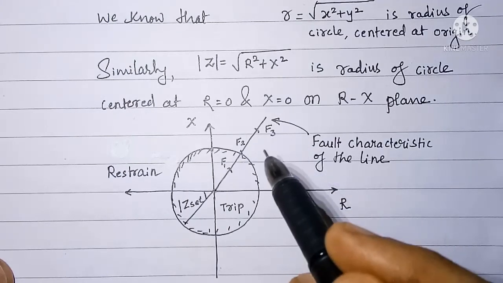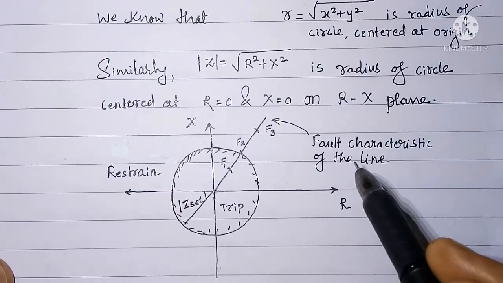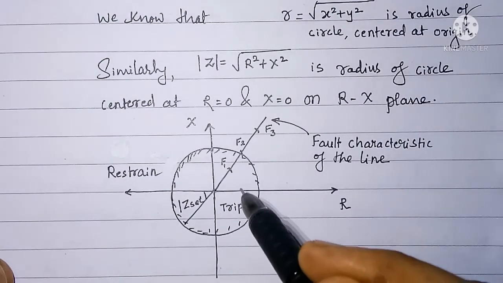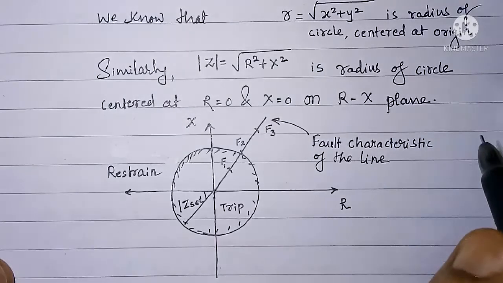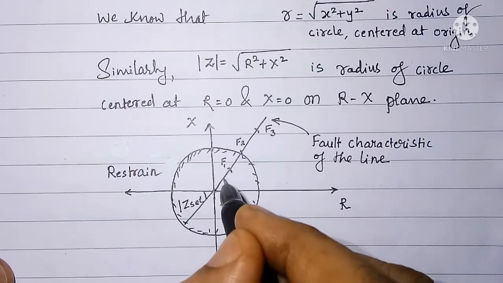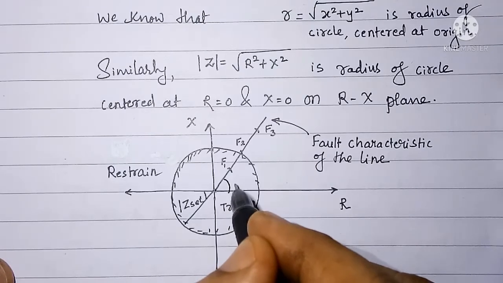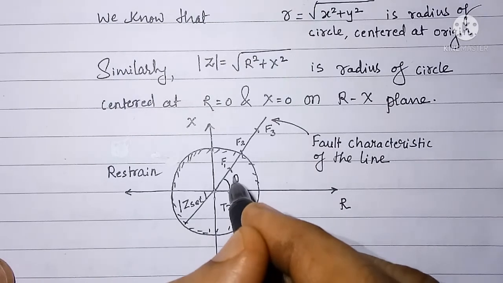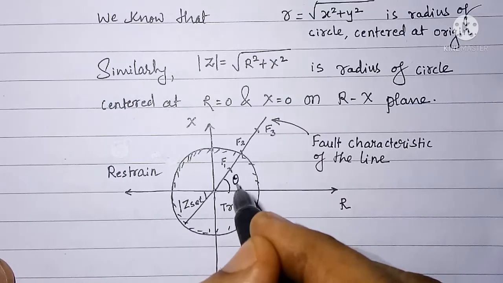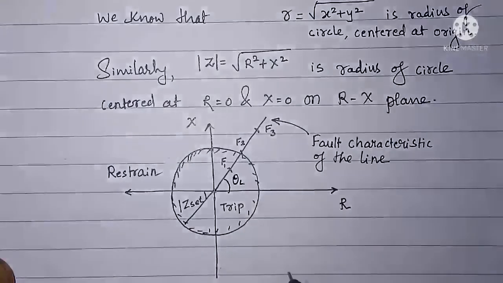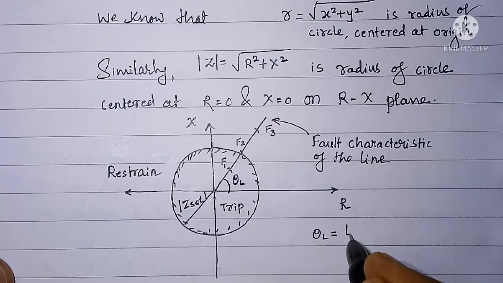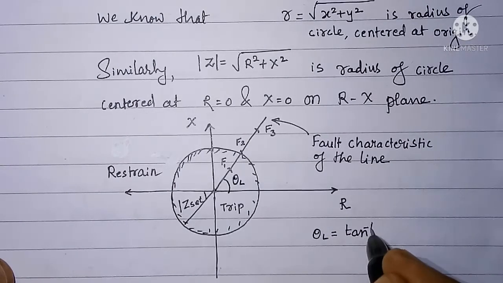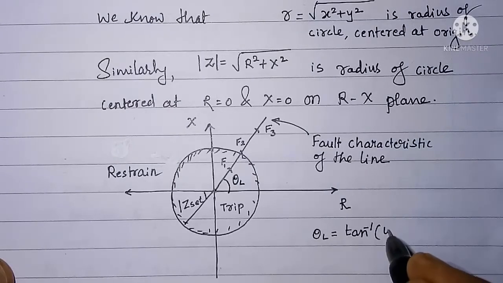Reason is voltage measured by the relay is positive and current measured by the relay is positive. Let angle here be equal to theta L, and theta L we can calculate as tan inverse of omega L by R.